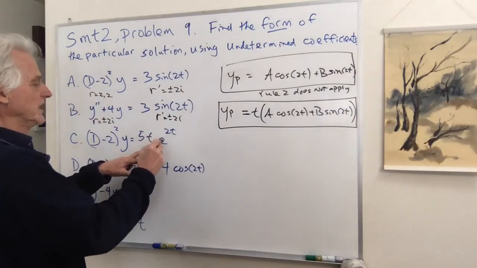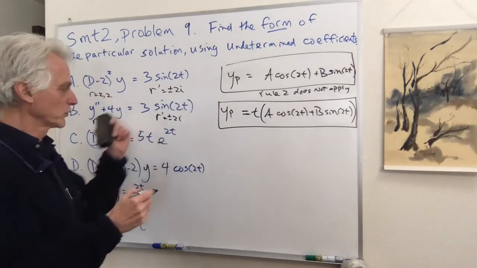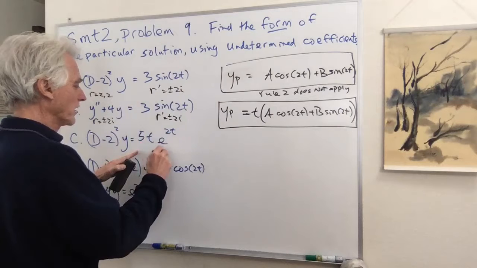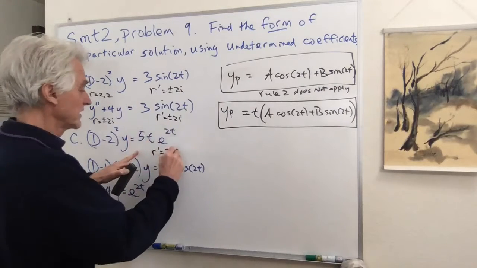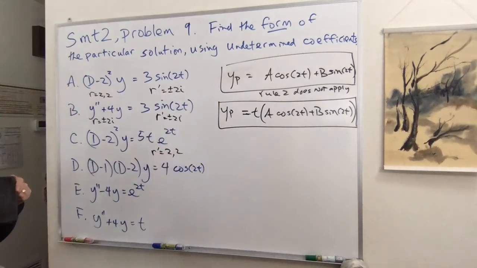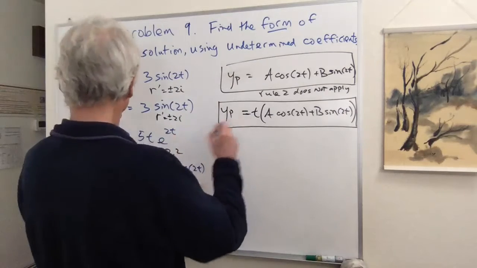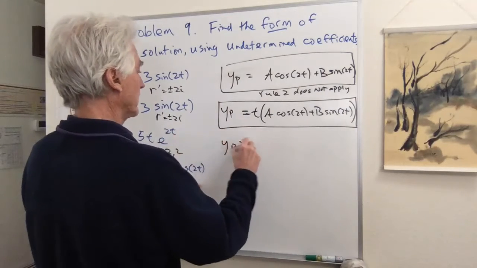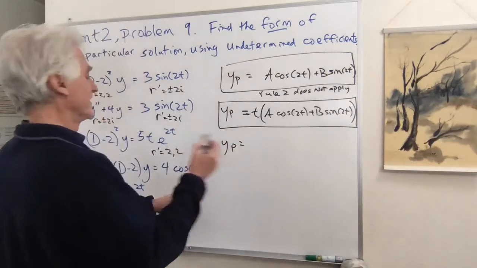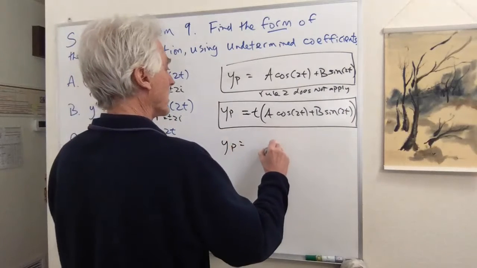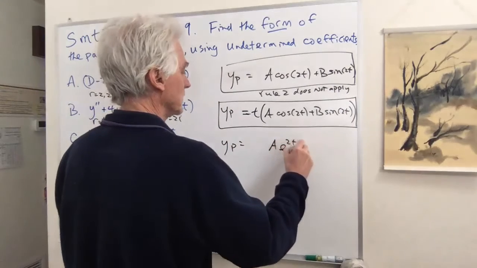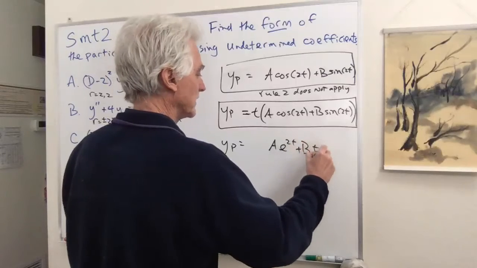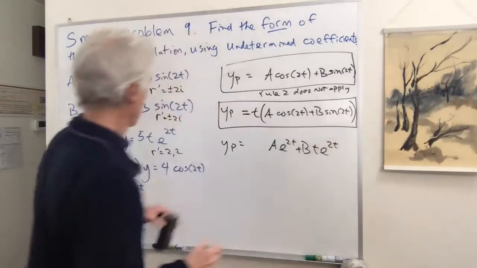In order to get an e to the 2t, I would get a root of r prime is 2. But to get t e to the 2t, I need another one, right? So that means that rule 1 says that yp is something, maybe, A e to the 2t plus B t e to the 2t. Right?